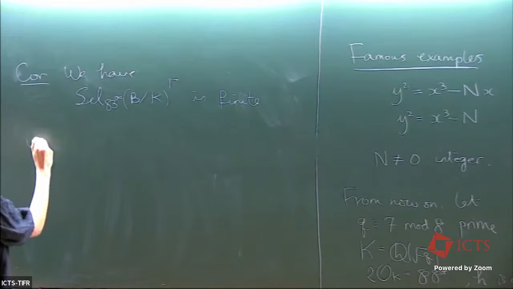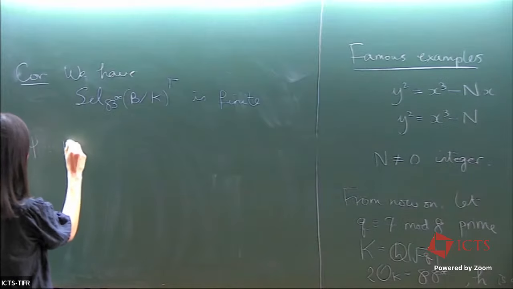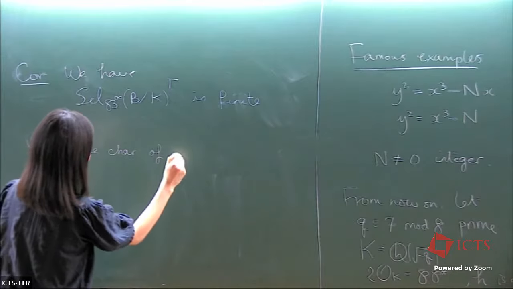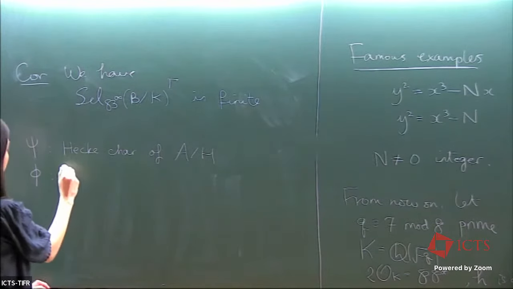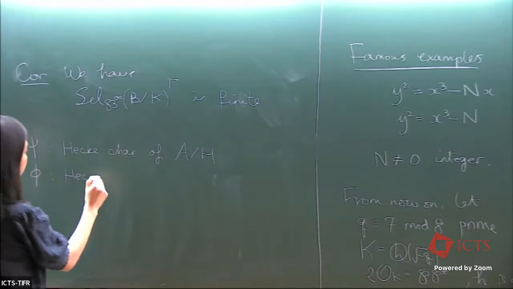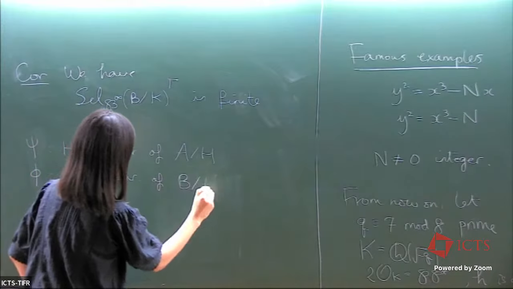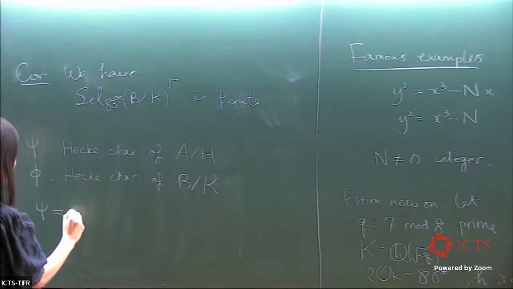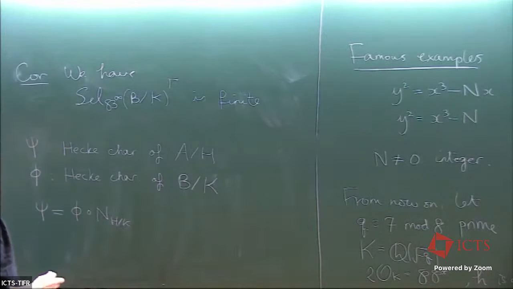Let's write psi for the Hecke character of A over H, and let's write phi for the Hecke character of B over K. Then you can show that psi is equal to phi composed with the norm map from H to K.